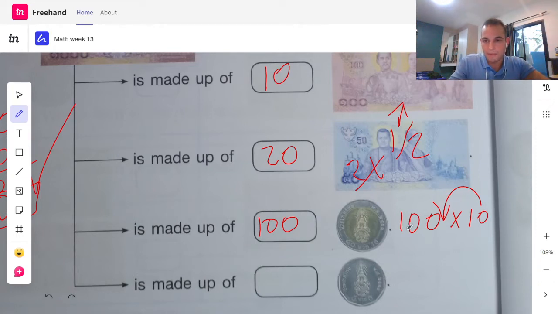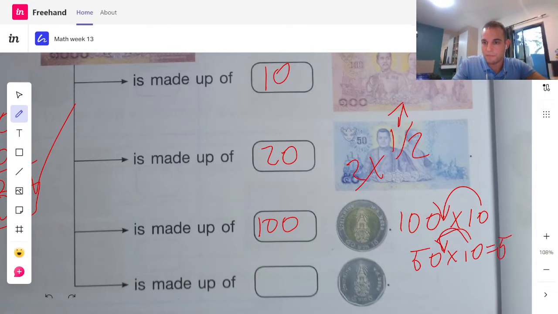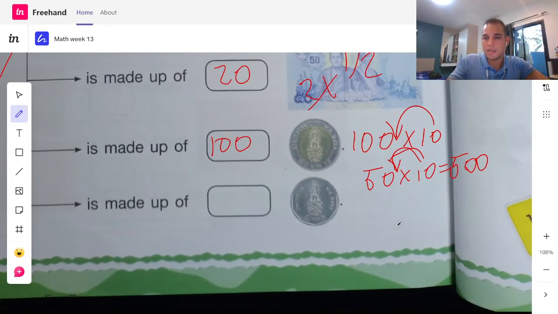So like 10 times 50 would be, just take the 0, put it here, it would be 500. Okay. What about 10 times 11? Just put a 0 there, and we have 110.